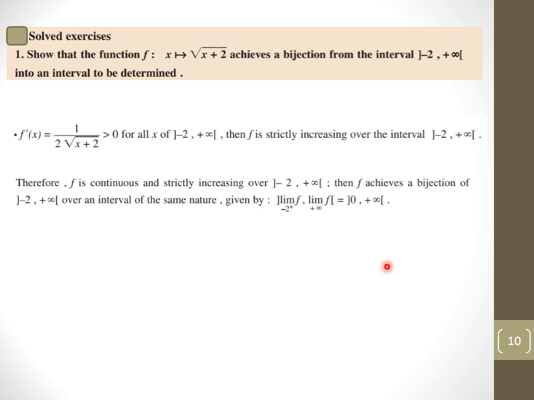So f is continuous and strictly increasing, then it admits a bijection. How can we find the image? We do the limits, because both are open intervals. We find the limit at -2 first, then plus infinity, because it's increasing, so no need to switch them. The limit of f when x tends to -2 is 0, and the limit of f when x tends to plus infinity is plus infinity.